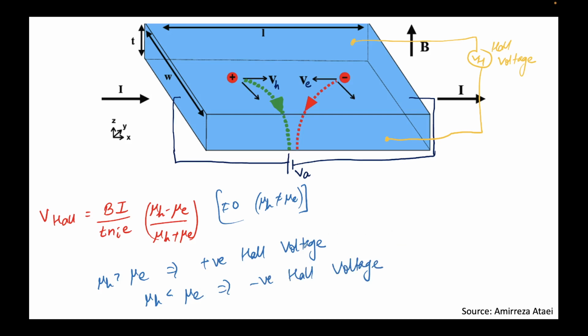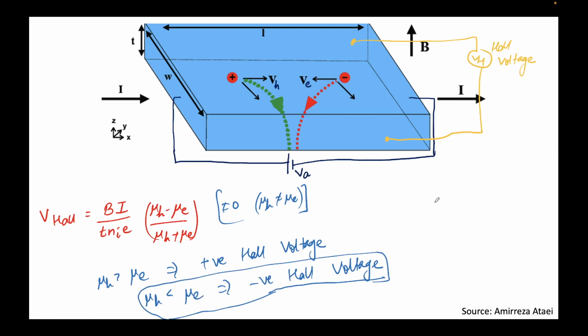But we cannot conclusively say just based on this expression whether V Hall is positive or negative. However, if we are given in the question that it's a negative Hall voltage, then we can definitely say that the mobility of electrons is greater than the mobility of holes.